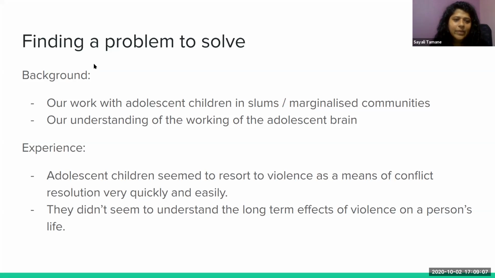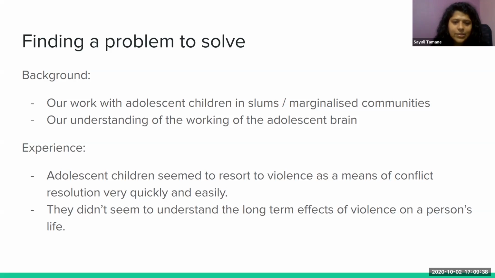So our background was that I had engaged quite a bit with adolescent children from slums or marginalized communities, and also when we were creating online content for teachers, we got to study the adolescent brain and how the changes in the brain reflect in behavior.